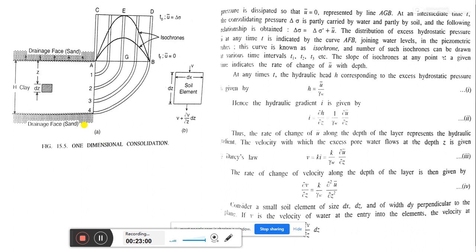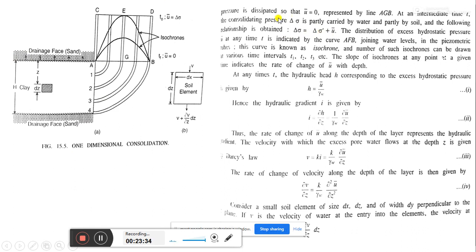At Tf time, the zero pore water pressure is represented by line AGB. At an intermediate time t, the consolidating pressure delta sigma is partly carried by water and partly by soil, and the following relation is obtained: delta sigma equals delta sigma dash plus u dash.